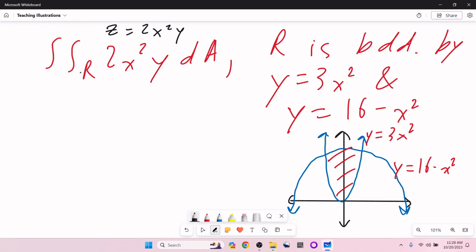This integral would represent the volume of that enclosure that we're creating. So now what we want to do is do this as a double integral, an iterated integral, and we need to do either dx or dy first. And so one of the big tricks here is figure out which one would make sense to do first.